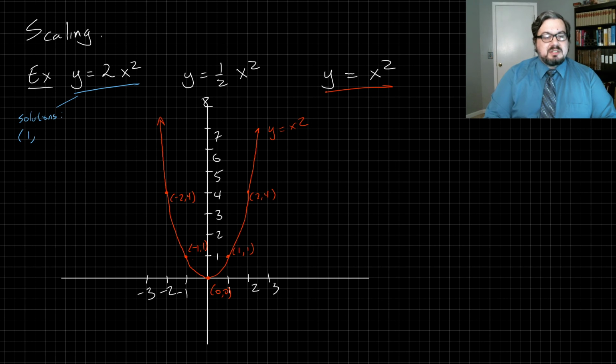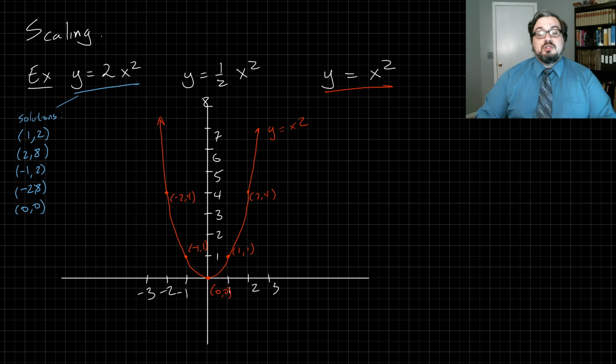So some solutions here are 1, 2, 2, 8, -1, 2, -2, 8, and again 0, 0. If you plug these xy pairs into this equation, you will get a bunch of solutions to the equation.